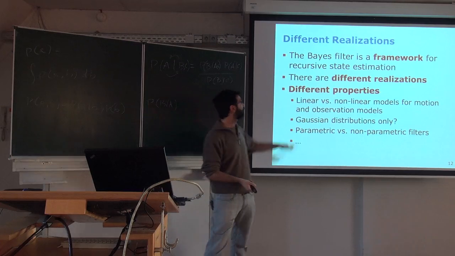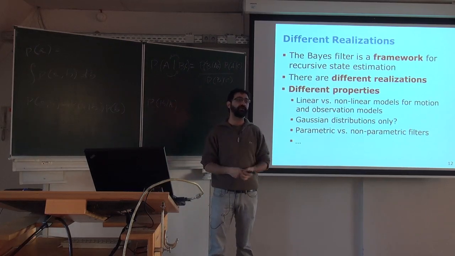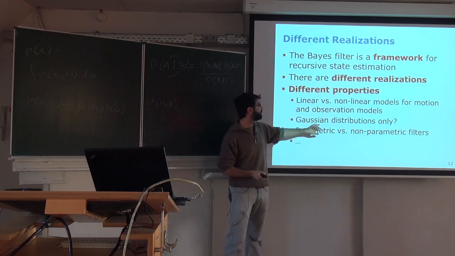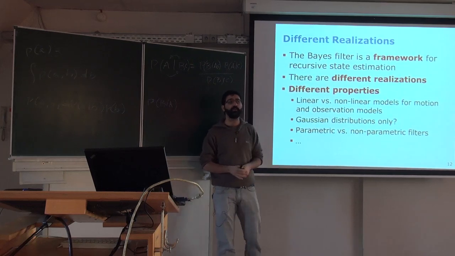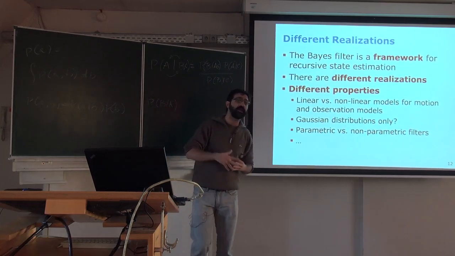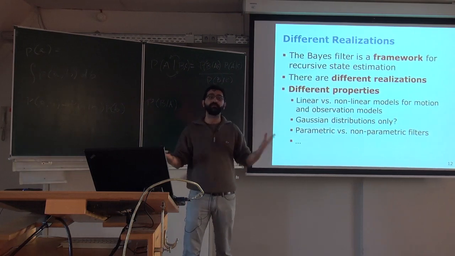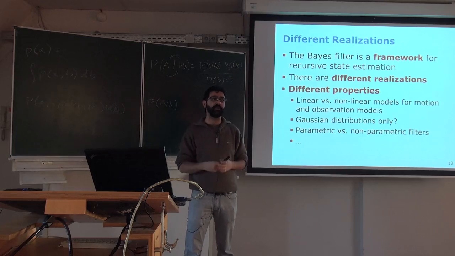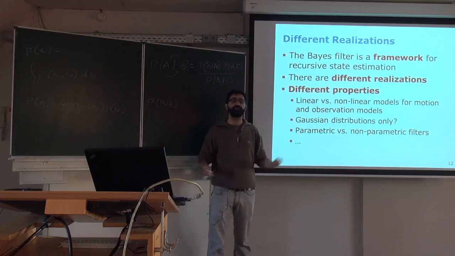Or non-linear, which can be any kind of function, like an exponential function, a logarithmic function, and so on. Also, which kind of distributions we use: if we only use Gaussian distributions, or we assume that the noise can come from any arbitrary distribution, which can be a discrete histogram, for instance, or any other distribution family, and so on.